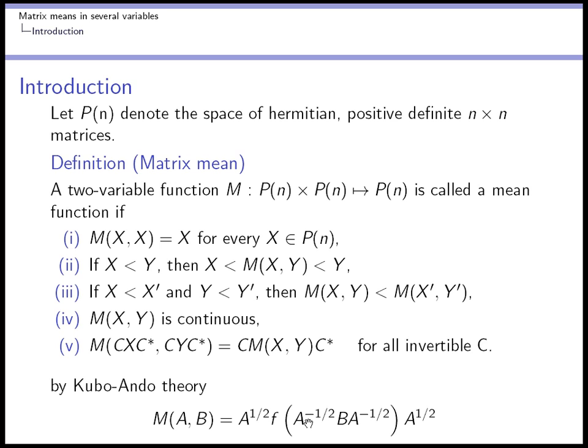The second property is the in-betweenness property, which tells us that if x is smaller than or equal to y with respect to the positive definite ordering, then the mean should be in between x and y. The third property is monotonicity in both variables.